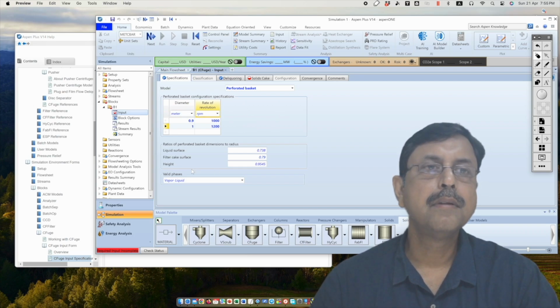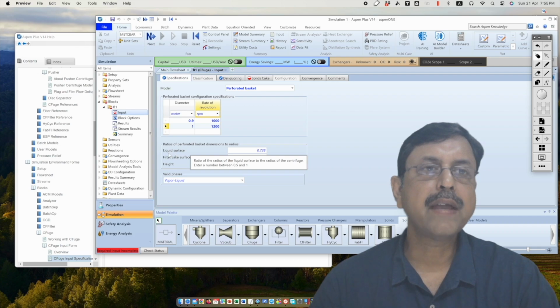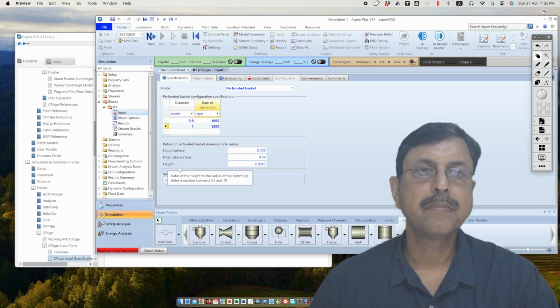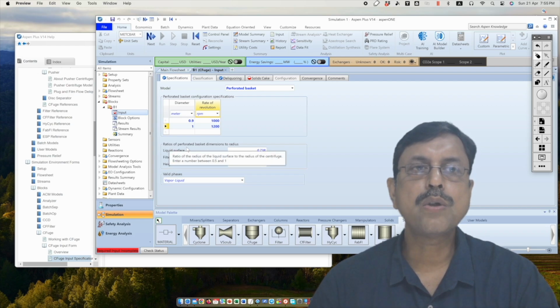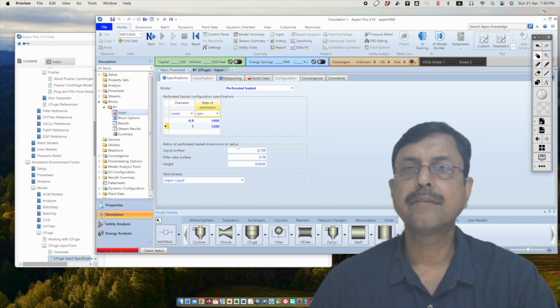And you have to specify this information, that is liquid surface, filter cake surface, and height. Now, all this information has to be given as a ratio of perforated basket dimension to radius.